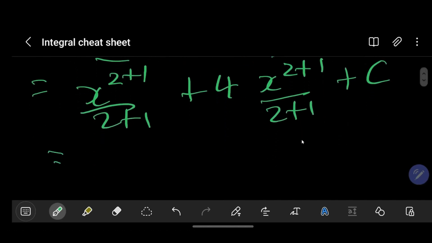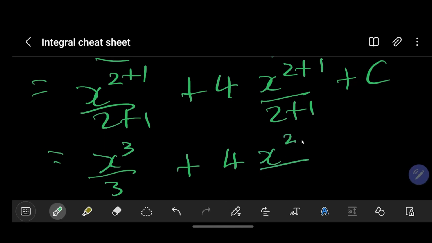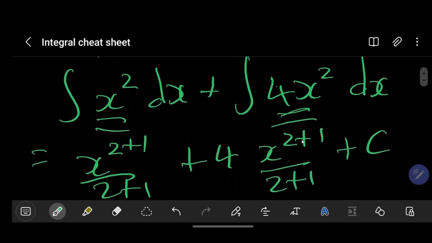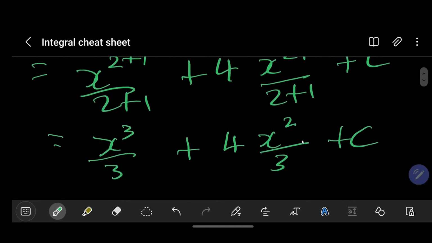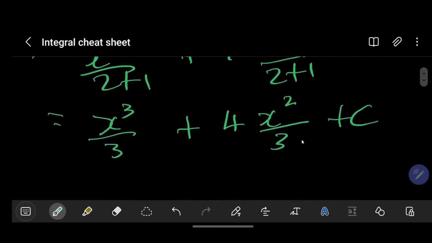This is now x cubed over 3 plus 4x squared over 3 plus c. So can we take this any further? Not really. This seems to be the simplest form we can solve this integral.